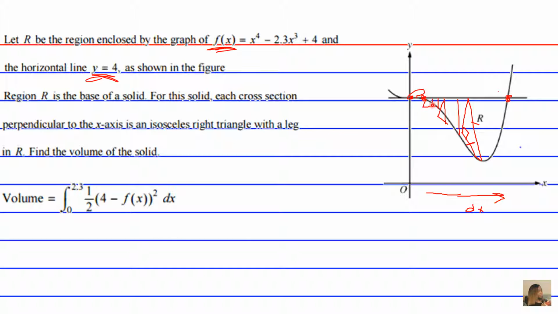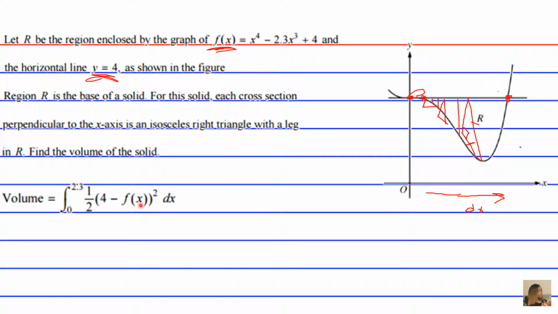So again, we have our limits of integration from 0 to 2.3. Then we have the formula for the area of a triangle, 1/2 the base, which is going to be the same as the height. And we figured out that the height is 4 minus f of x, okay?